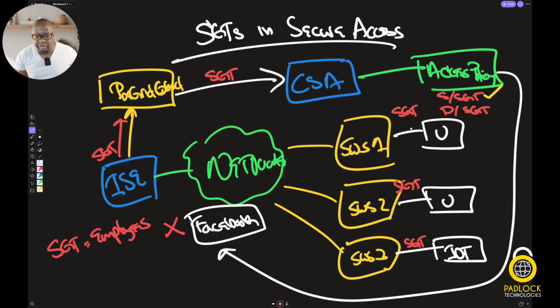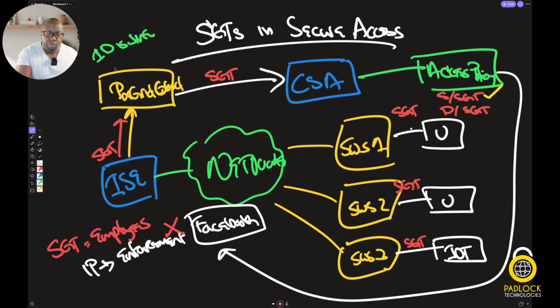What this does is decouple the enforcement strategy from the IP, the subnet. You no longer have to worry about that. The SGT will follow them no matter where they go, and as long as they're using secure access to get out to the internet, you can enforce based on that SGT value. What this really comes down to is, you've probably heard this or probably haven't: identity is the new perimeter.